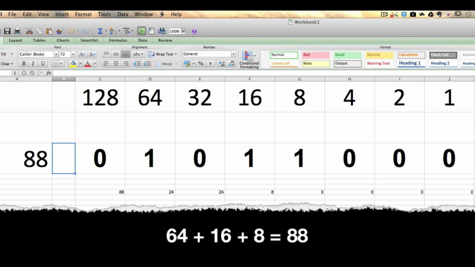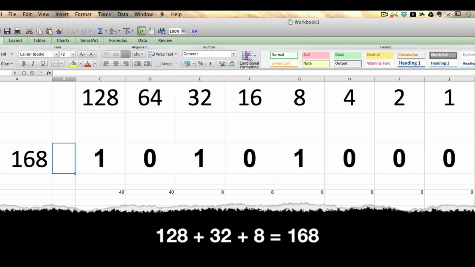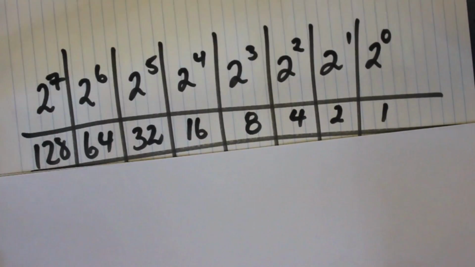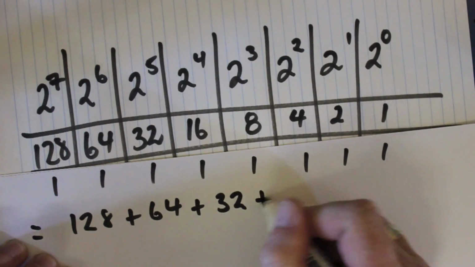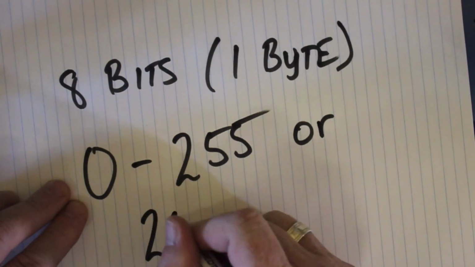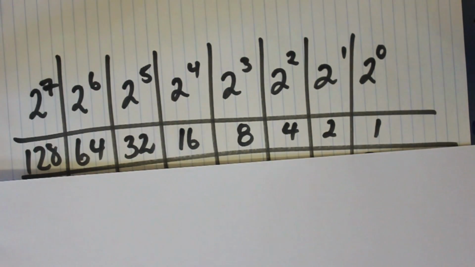This movement from column to column is exactly the same as what happens in our base 10 counting system that we use every day. Here we see a counter moving from 0 to 255, base 10, also being counted in base 2 using 8 bits of data. So to summarize, using 8 bits of data, or 1 byte, we can represent any whole number from 0 to 255. That gives us a total of 256 unique combinations.